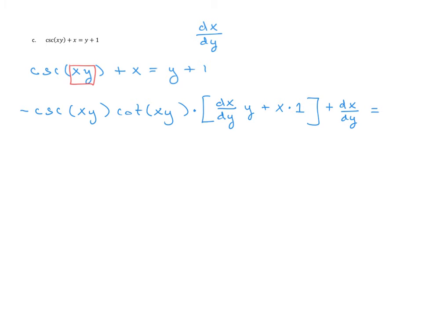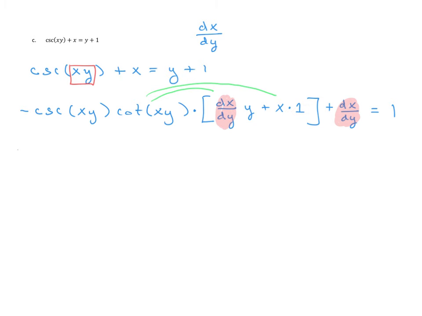The other side of my equation is actually just going to be 1 plus 0, this thing. Okay, I see we have a couple of these derivatives of x with respect to y. So what I'll do is distribute all of this stuff into the parentheses and see what we get.